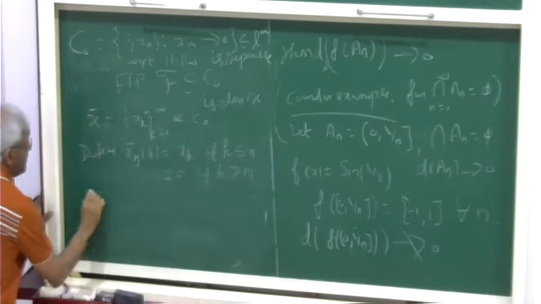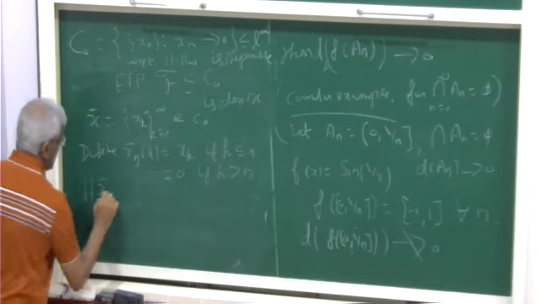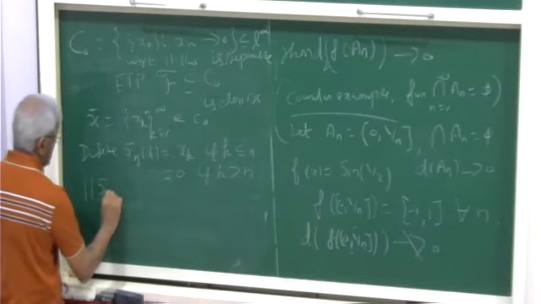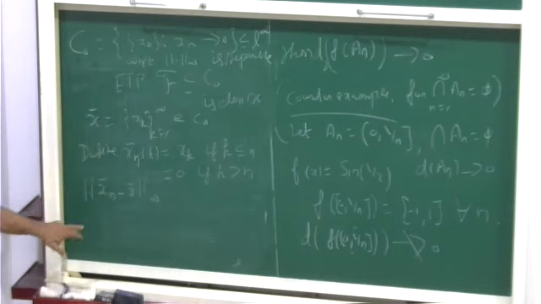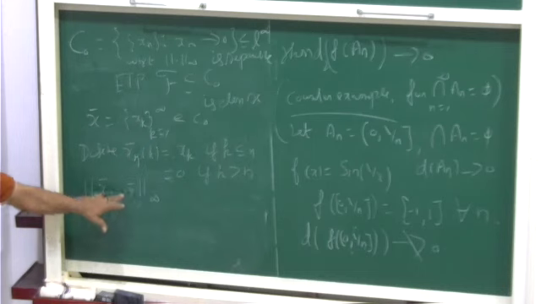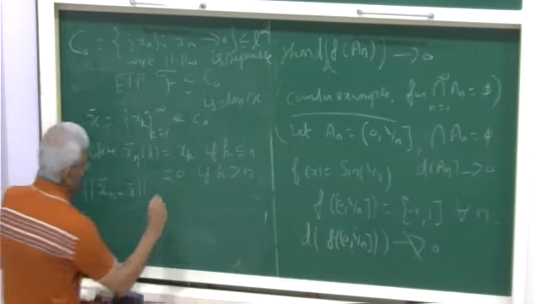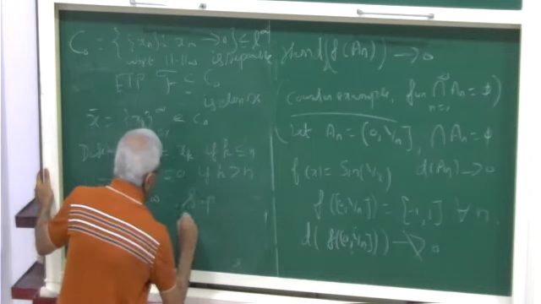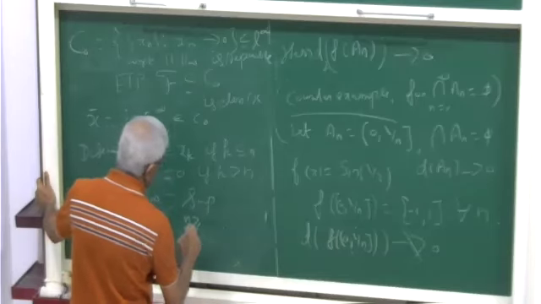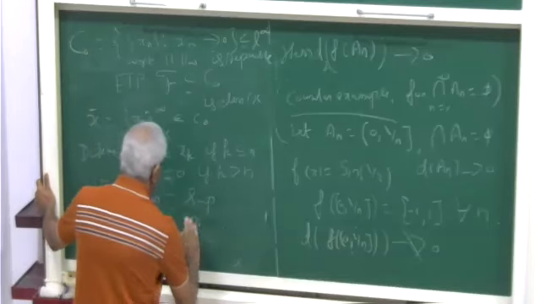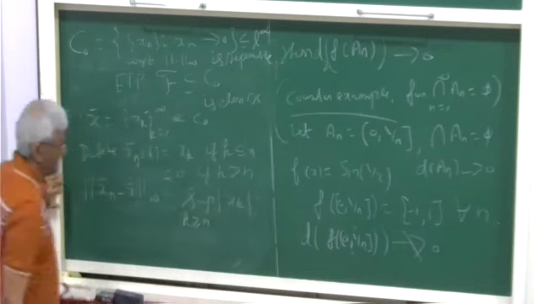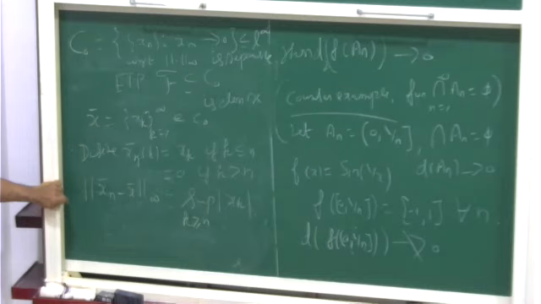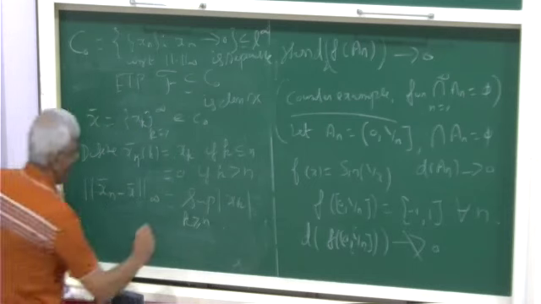Then we want to consider the infinity norm of x_n bar minus x bar. The first n terms are the same, so the difference will be 0. So it is just the supremum over k greater than n of the modulus of x_k. That will be less than epsilon after some time, so this will go to 0.